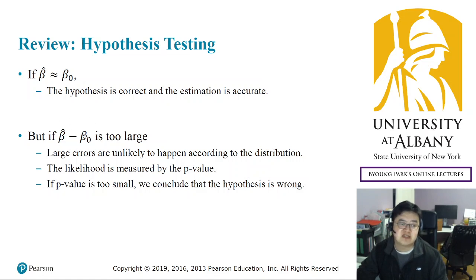As the difference becomes larger, the p-value converges to 0. If the p-value is too small, such large estimation errors are unlikely to happen, so it's more likely to be the wrong hypothesis. So the reason for this large error could be the wrong hypothesis.